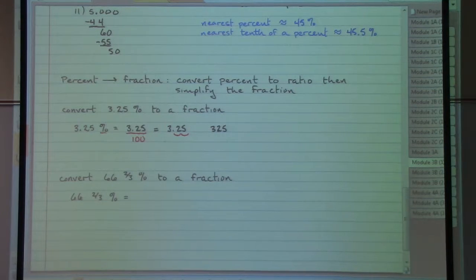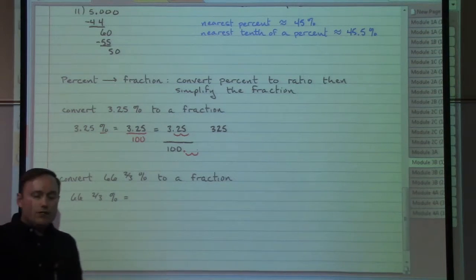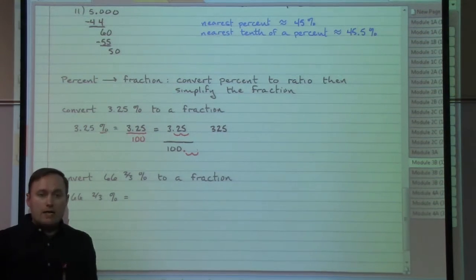Well, turns out that that's basically meaning that we're going to be multiplying by 100. So we can take that 100 in the denominator and basically say the same sort of thing. Take the decimal point, slap it on the end of the 100, move it 2 places to the right.